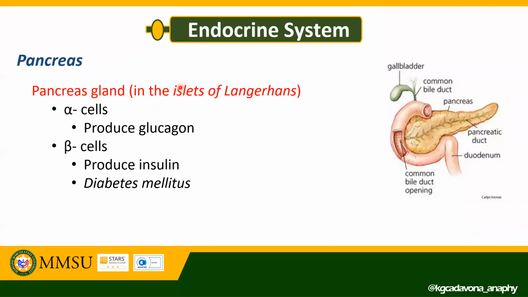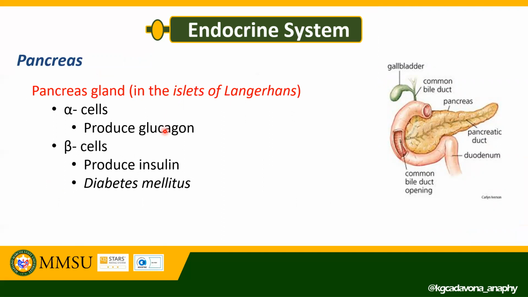The next endocrine gland is the pancreas. The pancreas can be either an endocrine or an exocrine gland. What is the difference? An exocrine gland secretes substances, the pancreatic juices containing digestive enzymes, into a duct system.